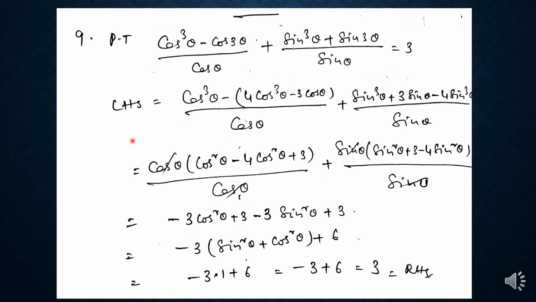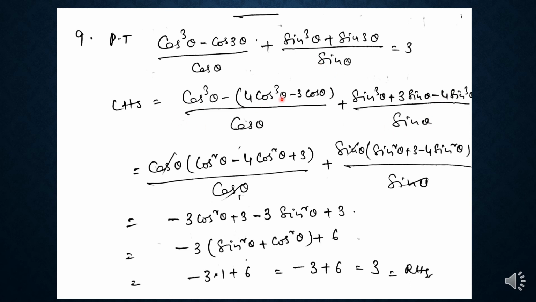So see this problem once again. Here in the terms we applied the formula for cos 3 theta and sin 3 theta. In the first term, cos cube theta minus cos 3 theta, that is minus of 4 cos cube theta minus 3 cos theta. This is the formula for cos 3 theta, divided by cos theta, plus sin cube theta minus the formula for sin 3 theta, that is 3 sin theta minus 4 sin cube theta, divided by sin theta.